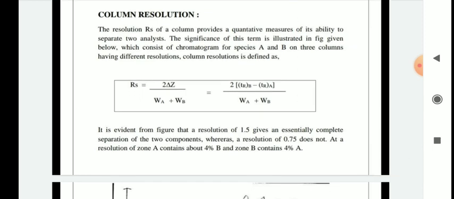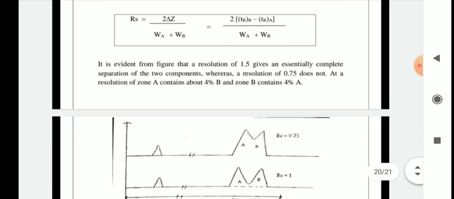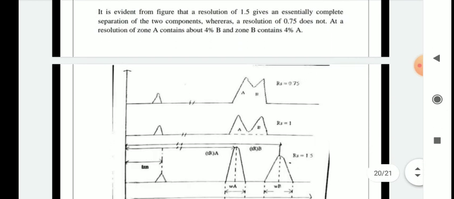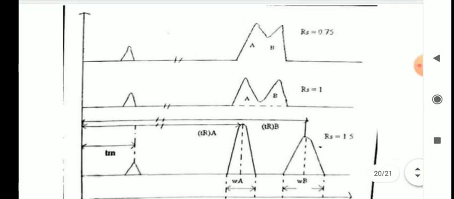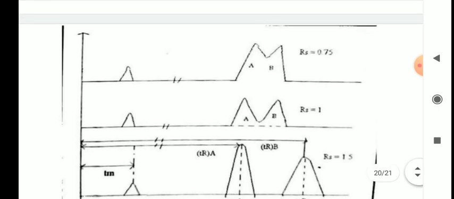In the next diagram you will see various resolutions. What is the effect of resolution on separation? If the resolution is 0.75, then the separation is not very good. There is a complete overlap of the peaks A and B. If the resolution is 1, then the peaks are separated, but there is some overlap, almost 4% overlap.